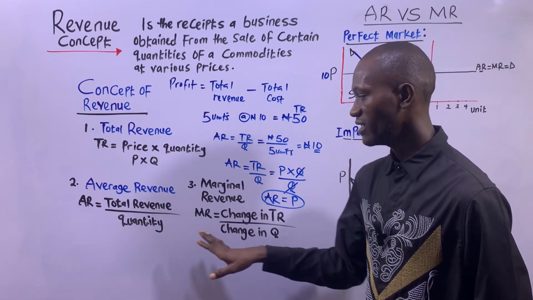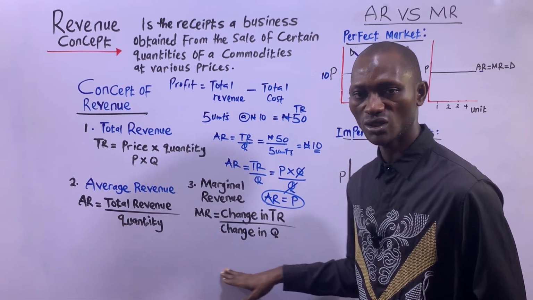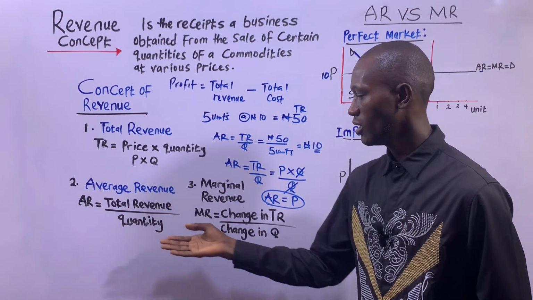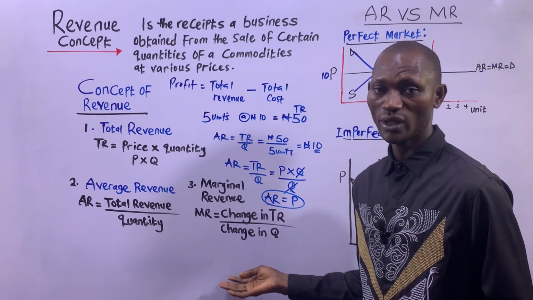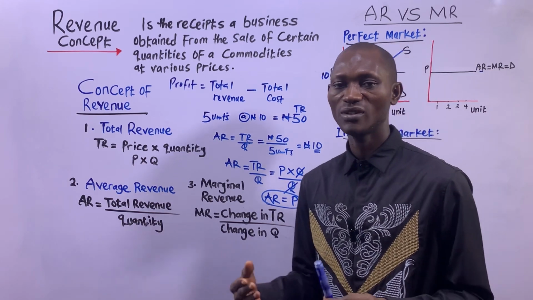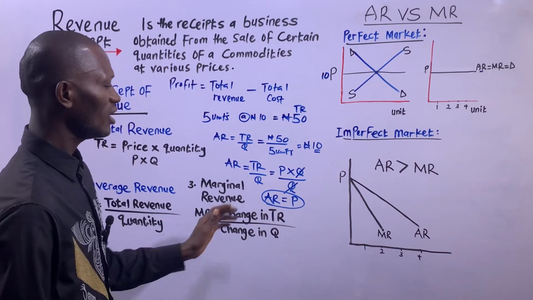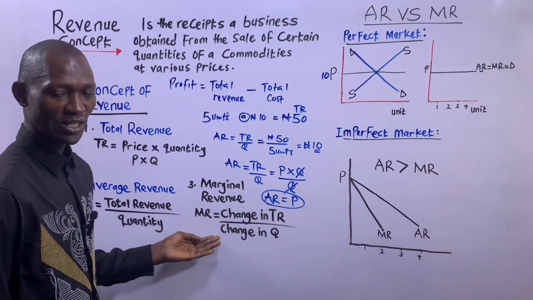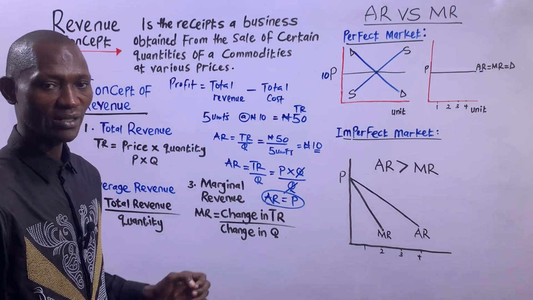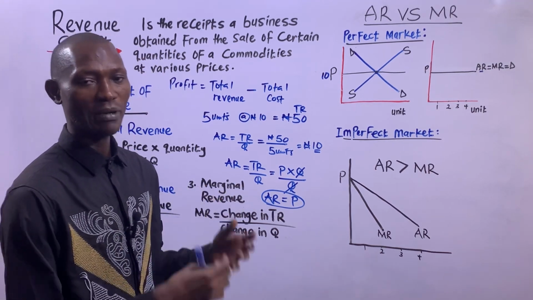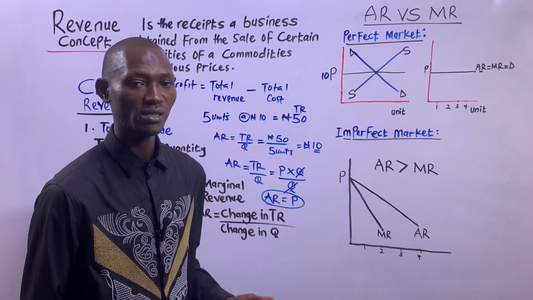So there is a relationship between average revenue and marginal revenue, because most times these two are the same and most times they are not. Average revenue and marginal revenue will always be the same in a selling environment called a perfect market or pure competition.